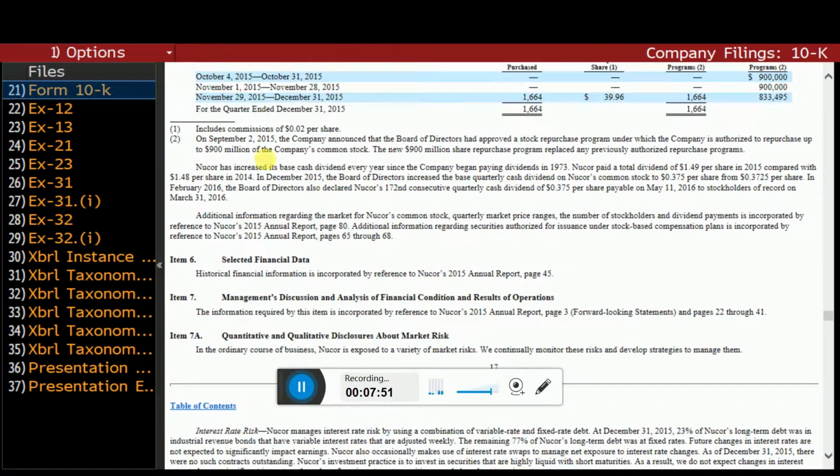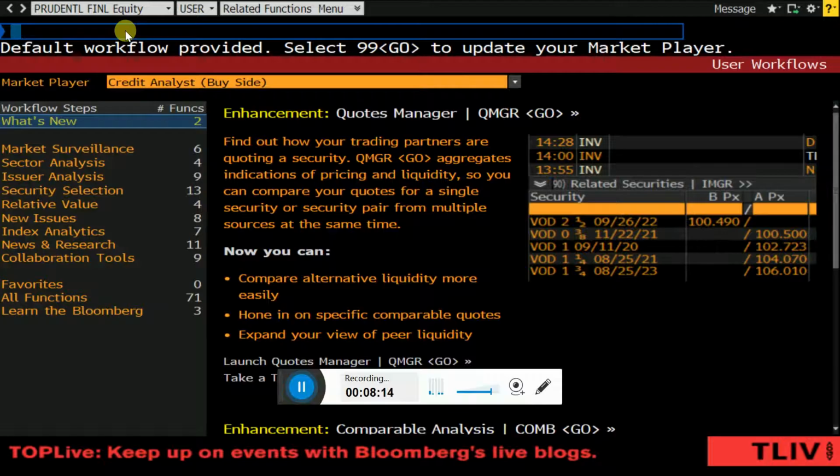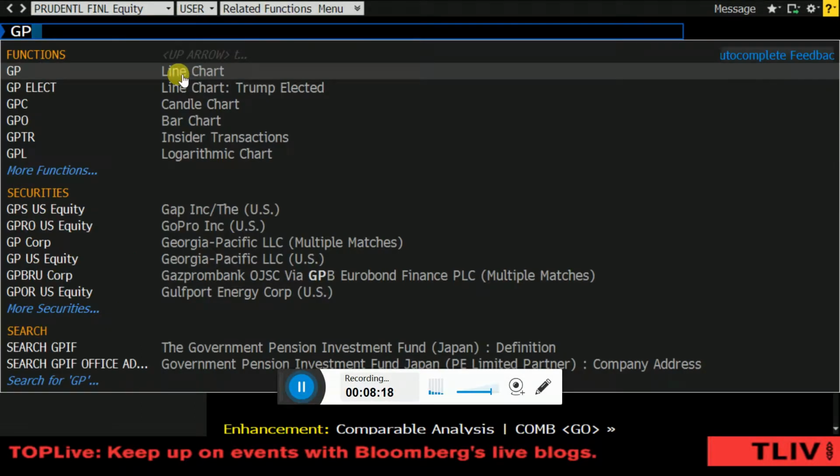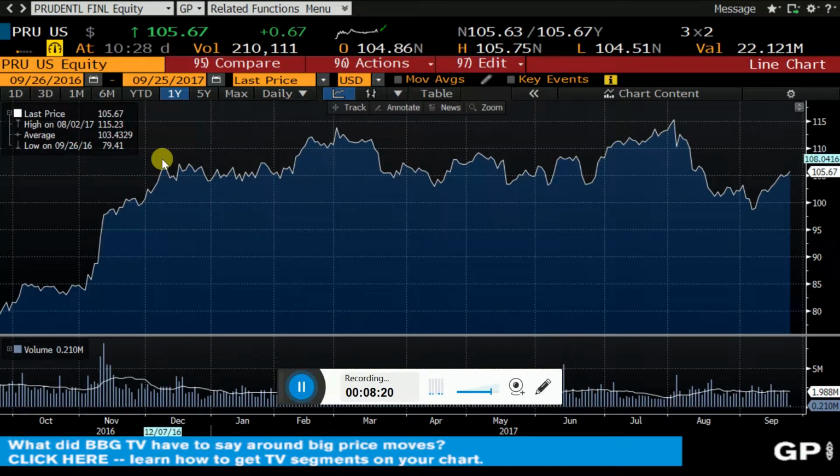Next, we'll be checking out the GP price chart. Let's try out GP. This is the line chart of Prudential, which was one of my searches from before. So we can see that this is the US equity of Prudential.